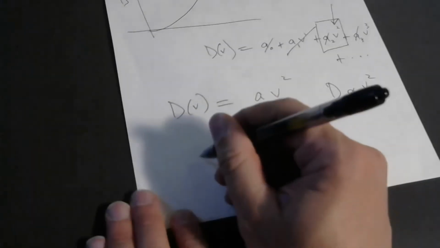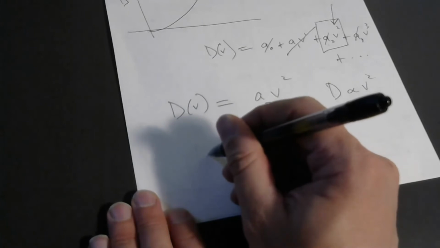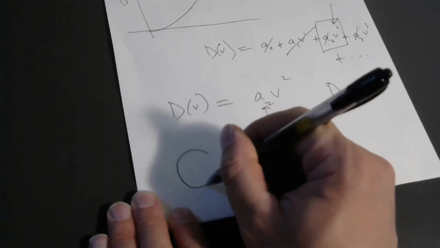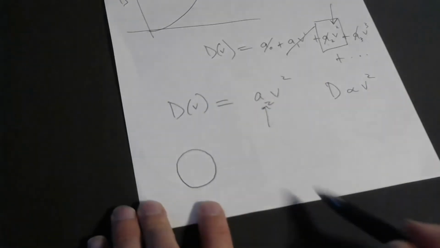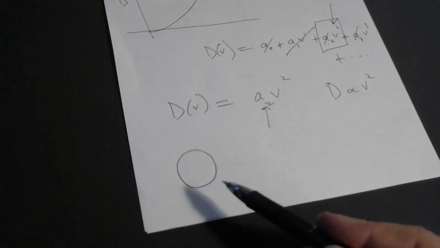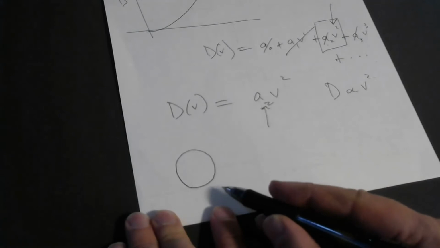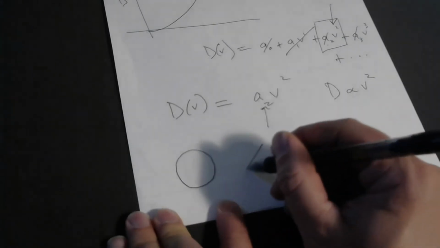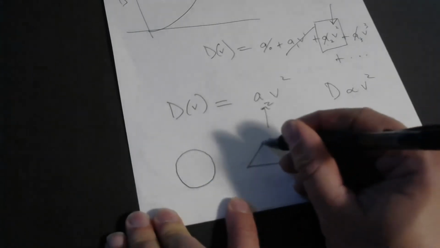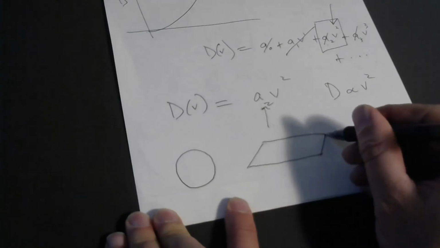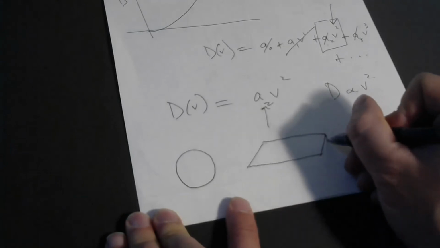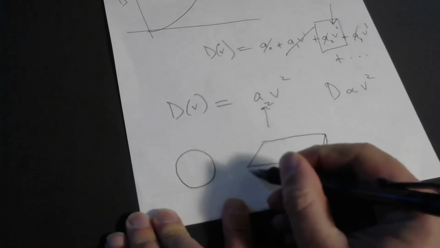If you drop a baseball, not a baseball, a bowling ball. Bowling balls are pretty heavy. They're spherical. If you drop that versus, imagine a flat board of whatever material the bowling ball is made out of. What is a bowling ball made out of? I have no idea.